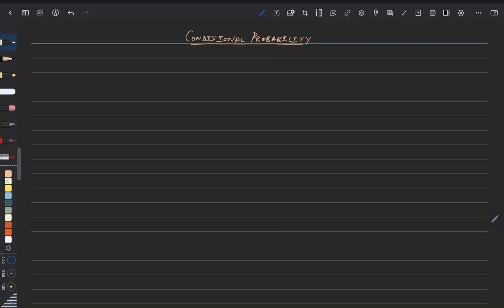Conditional probability is the probability of an event B occurring given that an event A has already occurred. Okay, so let me repeat.